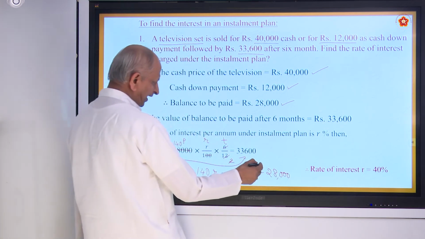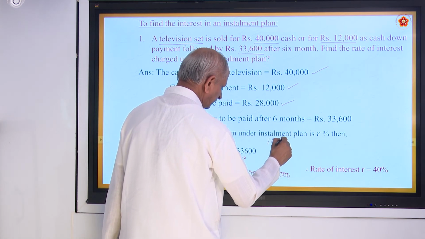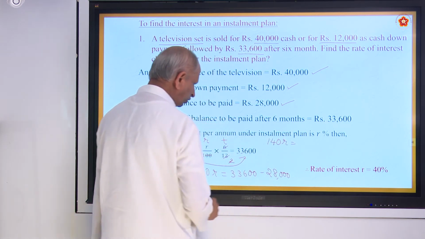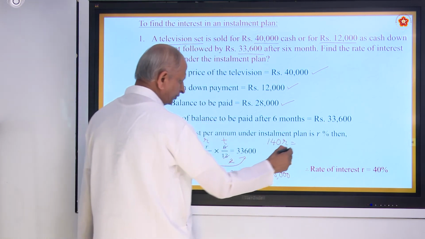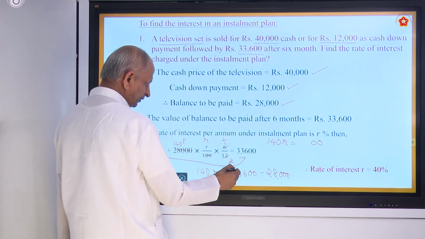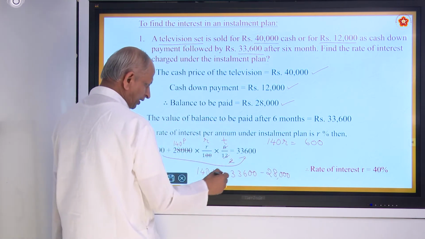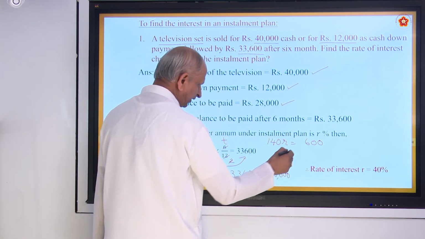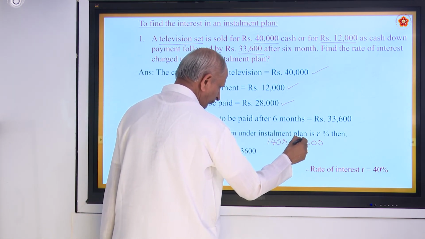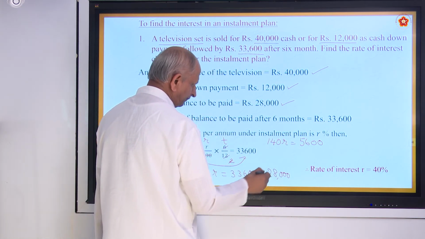If you subtract it, 140 R is equal to: you have 2 zeros here, then 6 minus 0 is 6, then 13 minus 8 is 5, 2 minus 2 is 0.